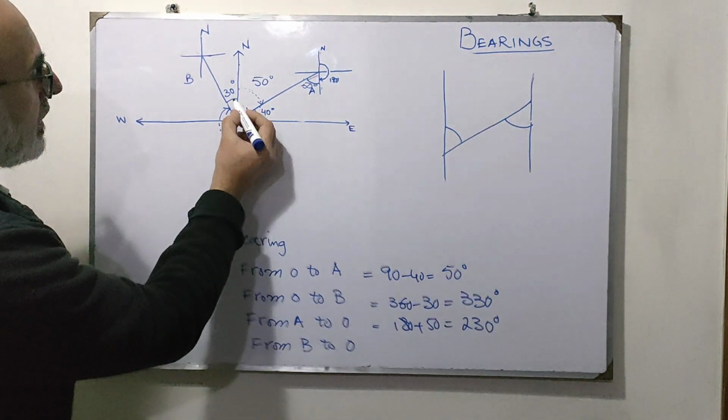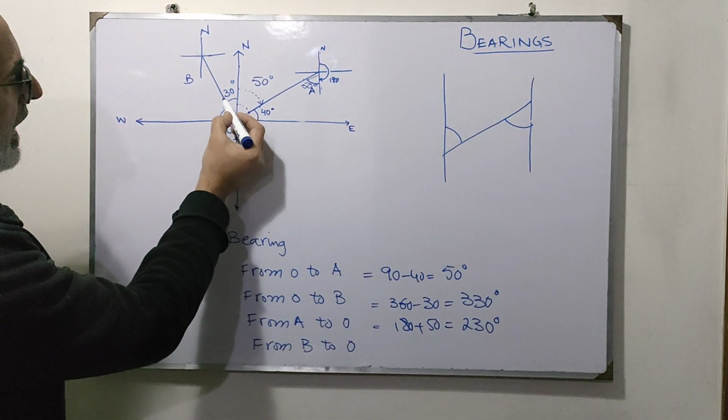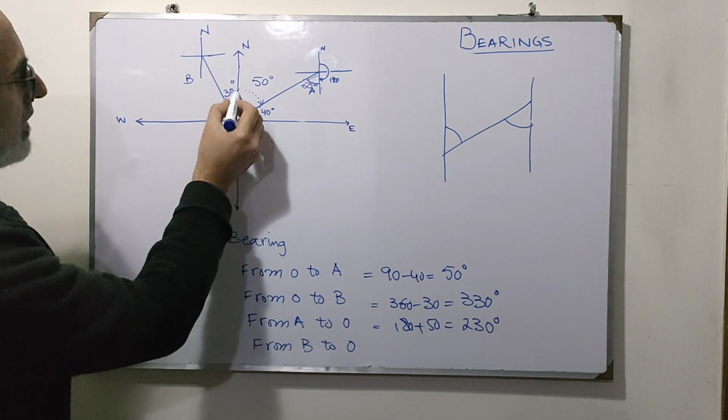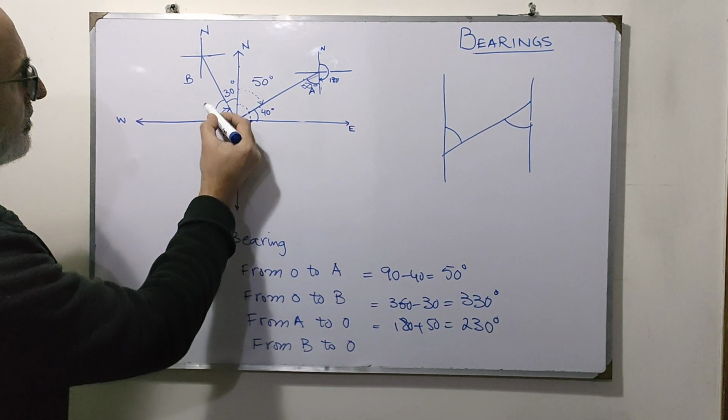Now since this angle is given as 30, and from here to here it is 90, this one is 60.